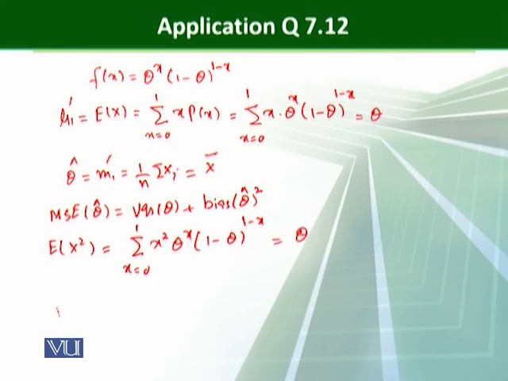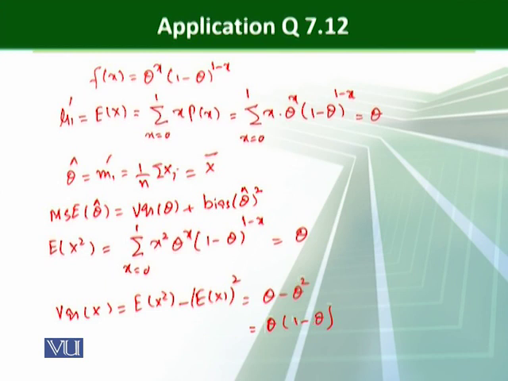So the variance of x is equal to the expected value of x square minus the expected value of x whole square, and this is equal to theta minus theta square, and that is equal to theta into (1 minus theta).